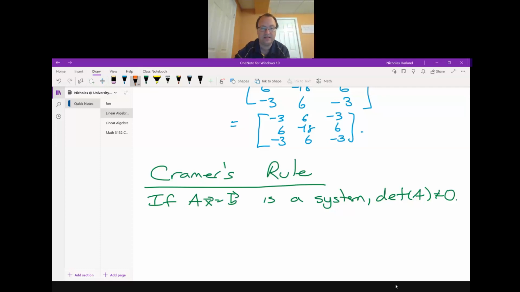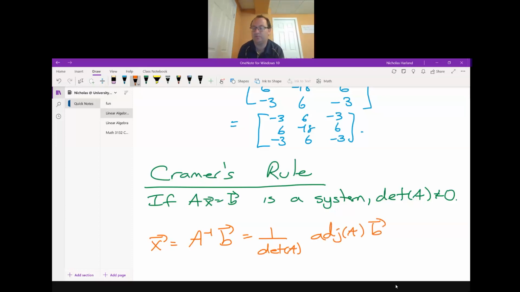So the idea is, we know there's exactly one solution, and we also know that that solution is A inverse times B, which we now also know is 1 over the determinant of A, times the adjoint of A, multiplied by B. On the left, order matters. So what is that going to equal?